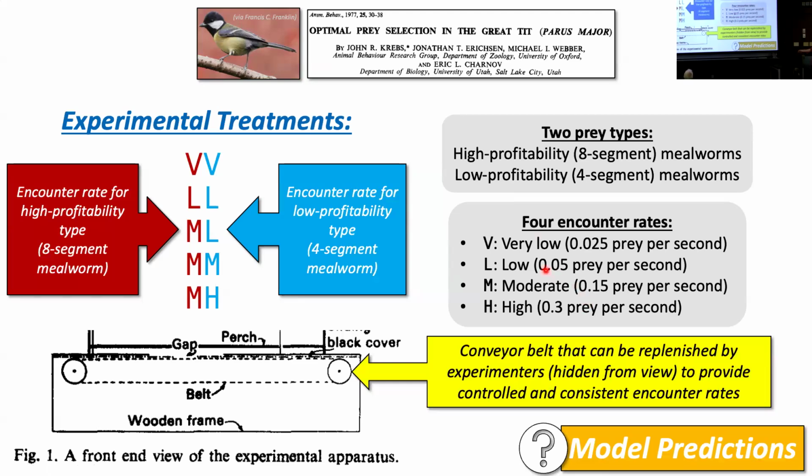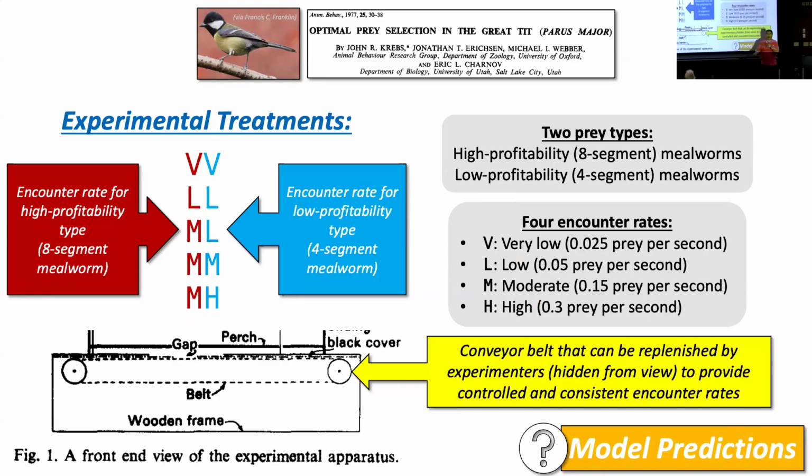Low, which means you see it a little more often, but still not very often. Moderate, you see it pretty often, and then high, it's like always in view of the bird. It's there very frequently. So you've got these encounter rates for the high profitability type, and then the blue is the encounter rates for the low profitability type.